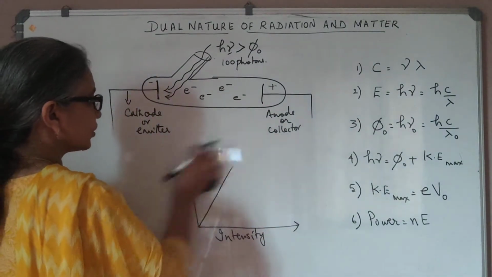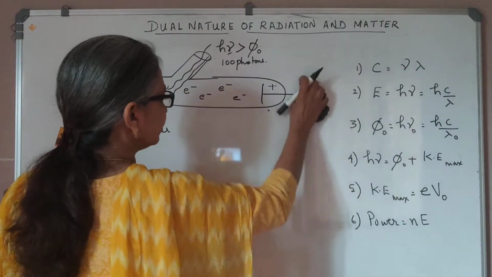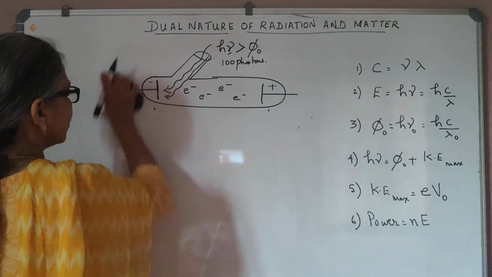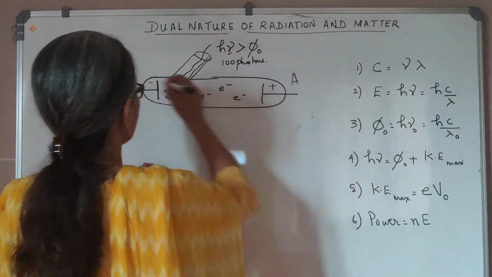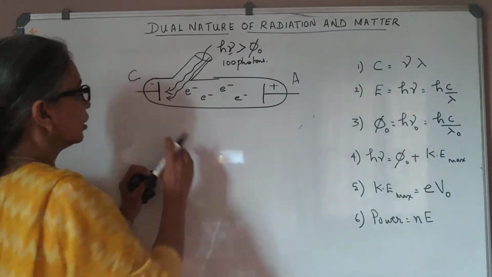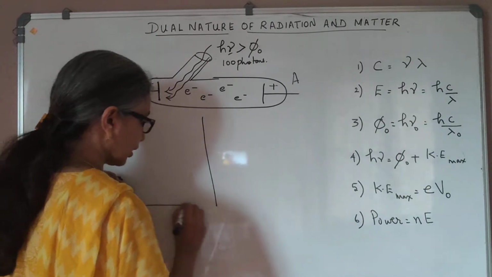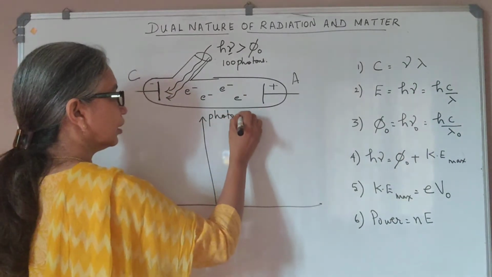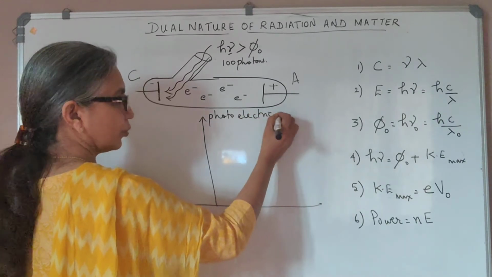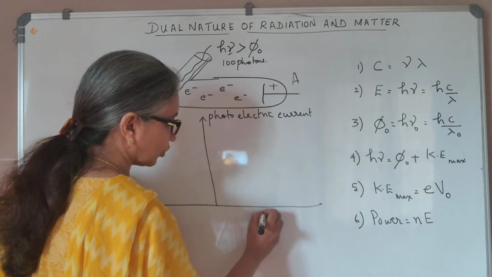The next thing that we are going to study here is the variation of photoelectric current. One second. This is the anode and this is the cathode. Okay. So we have the photoelectric current here along the y-axis with the anode plate potential.